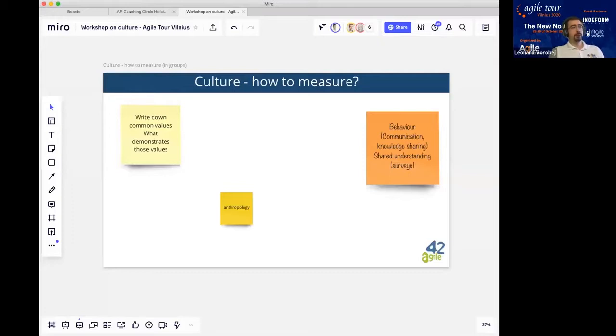Communication can be split into more detailed things: how many meetings you have, how many knowledge sharing sessions, how many people participate in those sessions, whether you proactively communicate, how transparent your communication is.